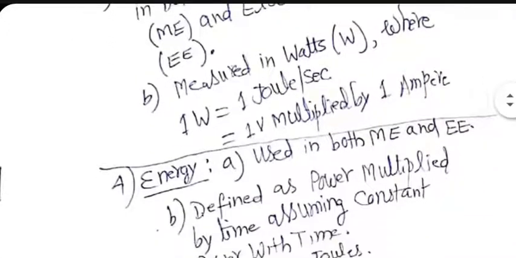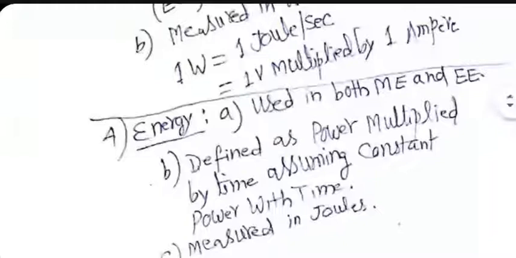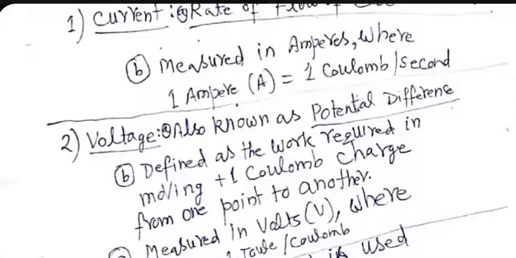Now, energy is power multiplied by time, assuming that power is same. Otherwise, power integrated with time over a certain time period will give you energy, and it would be measured in joules. Okay. So these are the basic units that you should be keeping in mind.